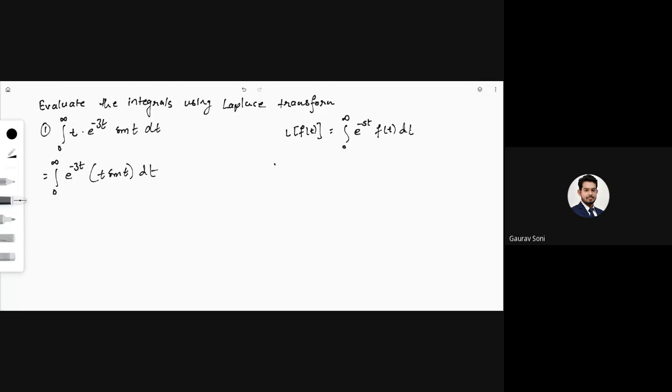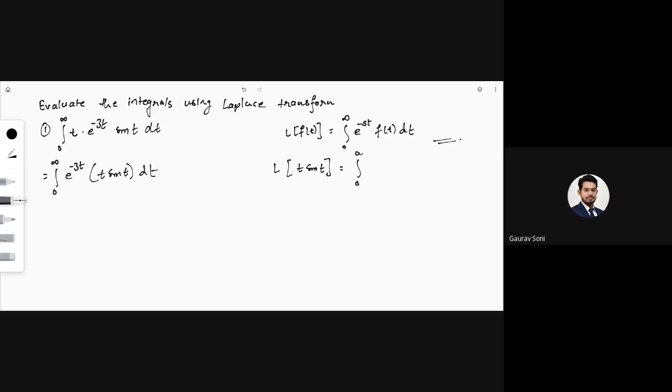This definition we have seen in the first lecture. So when I want to find Laplace of f of t, the answer is given by 0 to infinity e to the power minus st f of t dt. Right? Now, I will write down Laplace of t sin t. What will this be equal to?